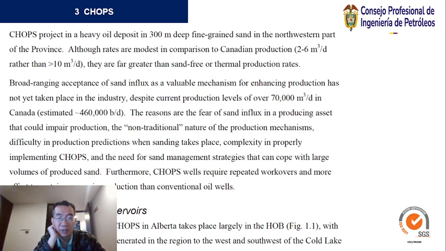Furthermore, CHOPS wells require repeated workover and more effort to sustain economic production than conventional oil wells.